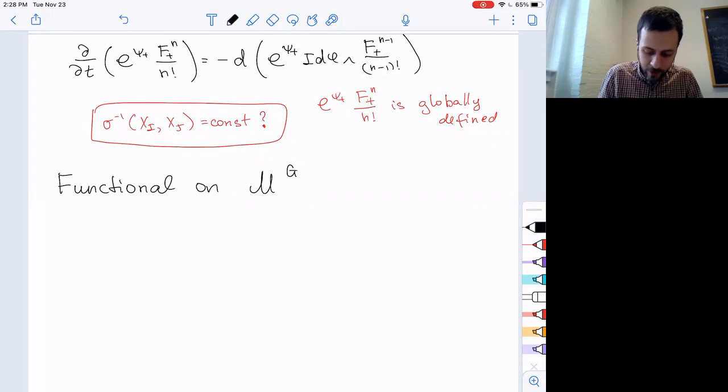So instead of defining the functional, we will define a closed one form on this generalized scalar class.